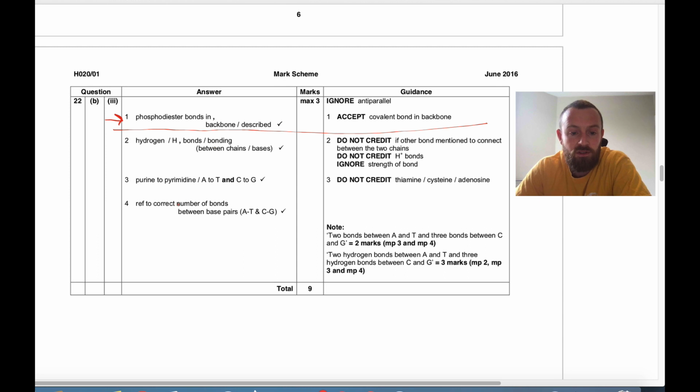So hydrogen bonds, purine to pyrimidine, or you could have given the letters A to T and C to G, and reference to the correct number of bonds. So that means A to T is 2 bonds, and C to G is 3 bonds, okay?